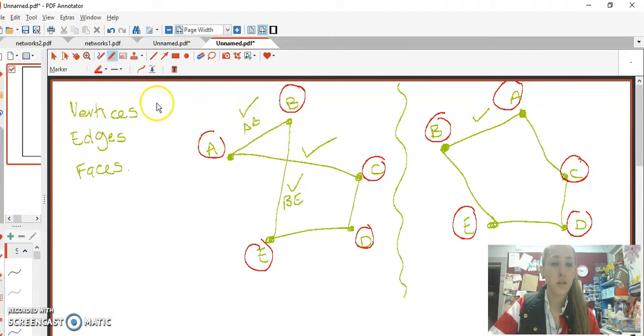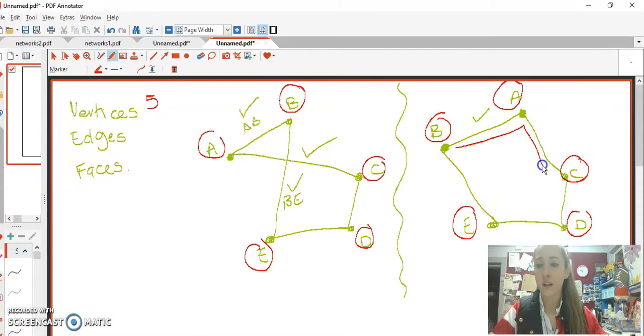So vertices will be 5. Number of edges. Again, doesn't matter which one I count off, they're the same information in different graphs. So I've got BA 1, AC 2, CD 3, DE 4, BE 5. Edges is 5.